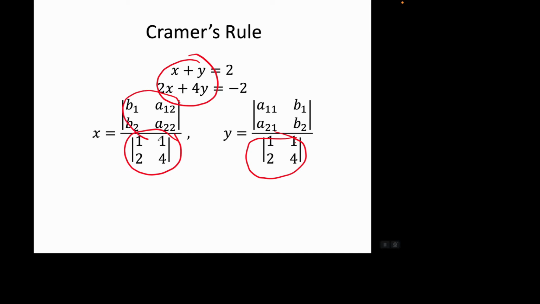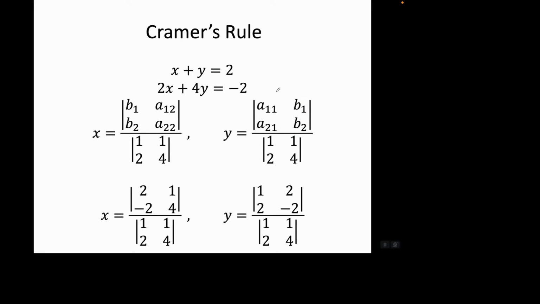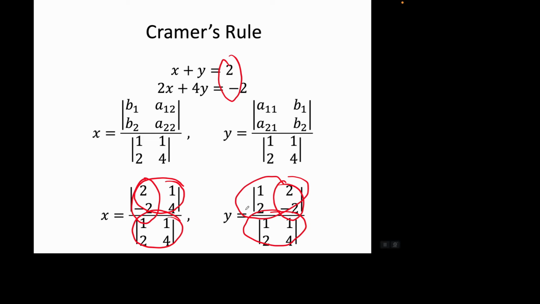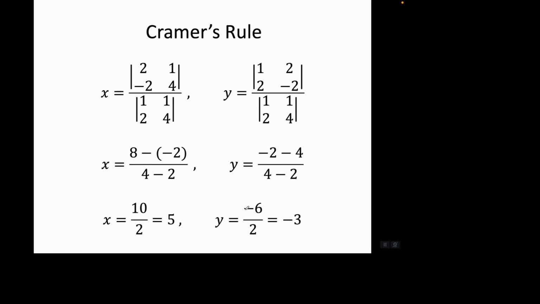And then this is just going to be the coefficient matrix, except in this case, we're going to replace the first column with 2, negative 2, and in this case, we're going to replace the second column with 2, negative 2. So notice what we end up with. The numerator is the same as the denominator, except we've replaced the first column with 2, negative 2, and here we've replaced the second column with 2, negative 2. Otherwise, the numerator and denominator are the same.